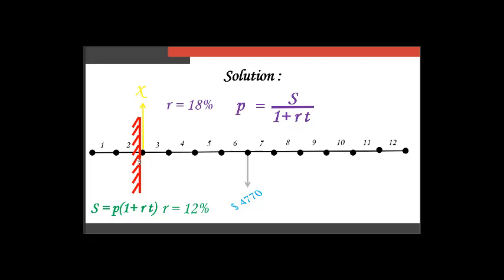At the beginning we must use the formula S equal B times 1 plus RT to get the maturity value of the note.